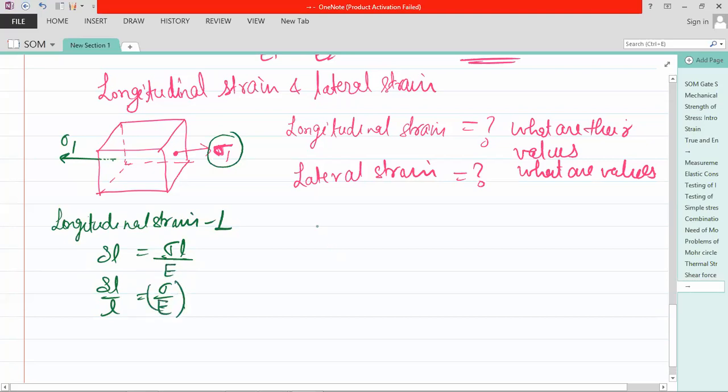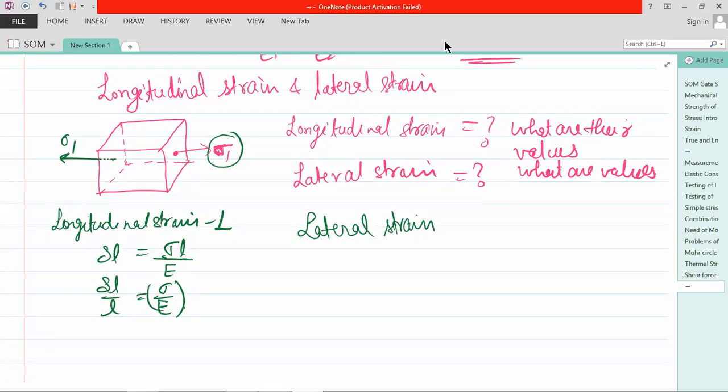Now, lateral strain. In how many directions is the lateral strain coming? Can anyone say? Any guesses? Lateral strain comes in the directions other than the direction of applied force. If the force is in the x direction, you have two other directions, y and z.